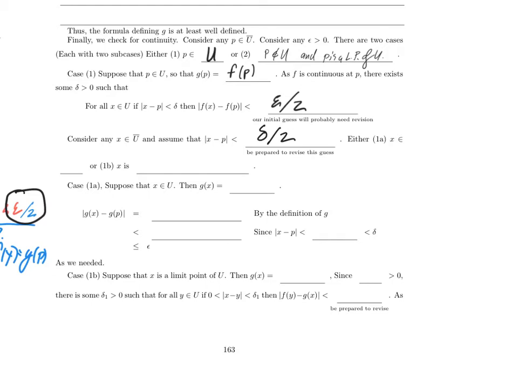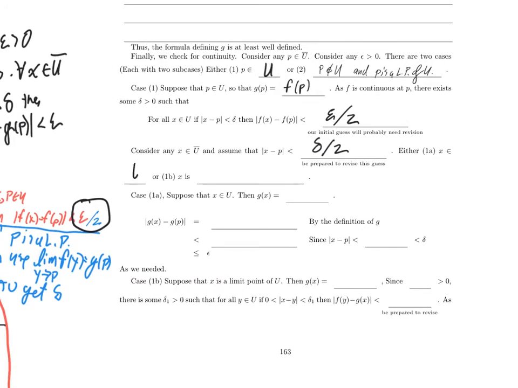Now there are two cases in this one big case. Either x is in U, or x is a limit point of U. In case 1a, we suppose that x is in U. It follows then that g of x is equal to f of x.